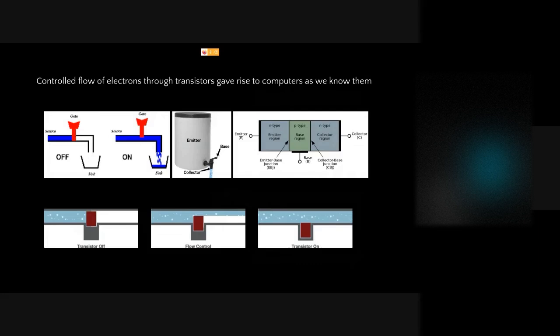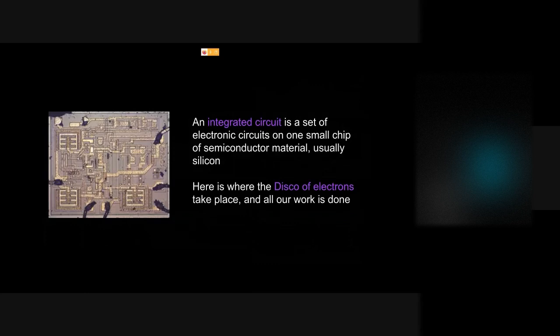And how we achieve this in our classical computers is through transistors. Transistors made out of semiconductors allow the flow of electricity when we want it to and as we want it to. I'm pretty sure we all know about this. Computers are made out of integrated circuits, and integrated circuits are just different transistors put together.